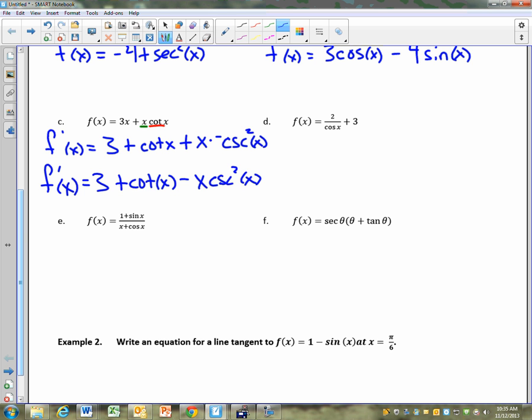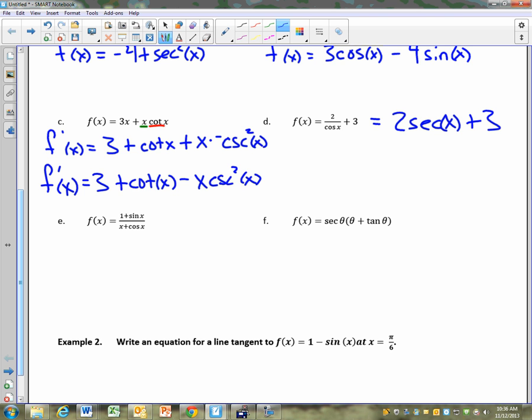How about D? What rule do you want to use for D? Exactly. Do that instead, people. If you want to use the quotient rule, go ahead, but you sure don't have to. If you have the opportunity to rewrite something, take that opportunity and do it. So 2 over cosine is just 2 secant.